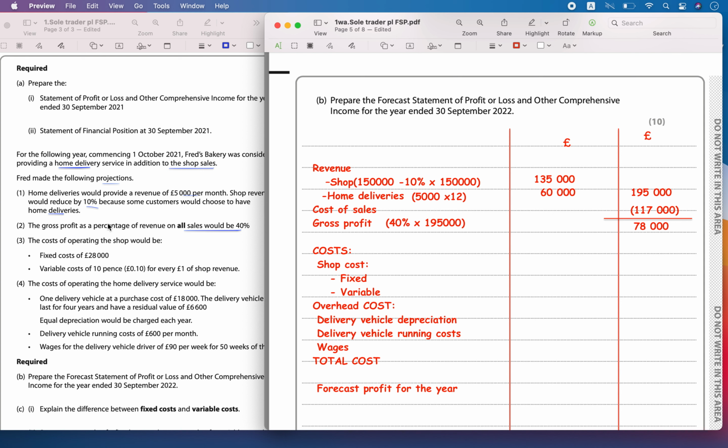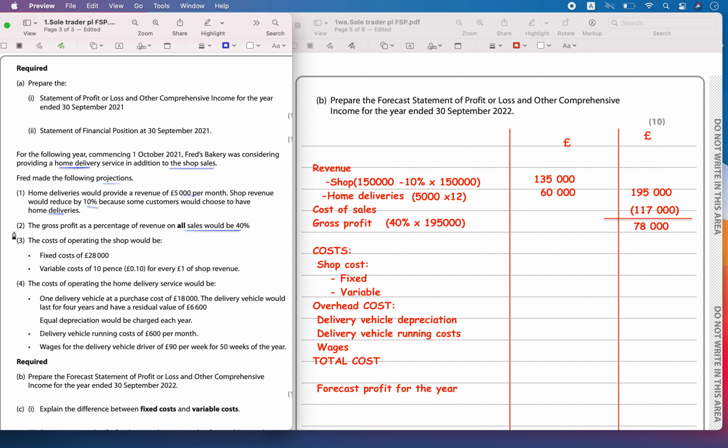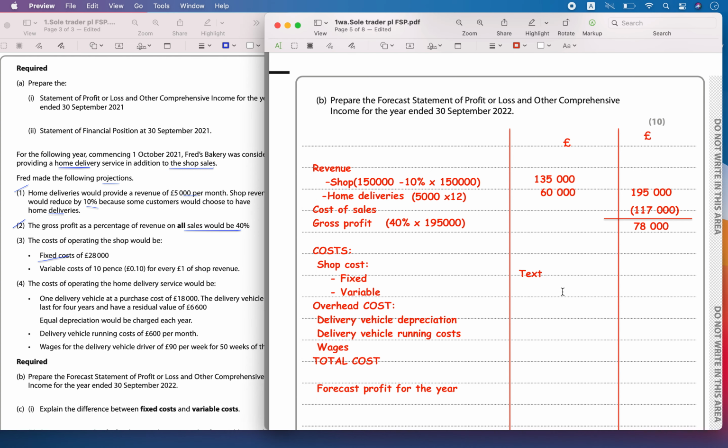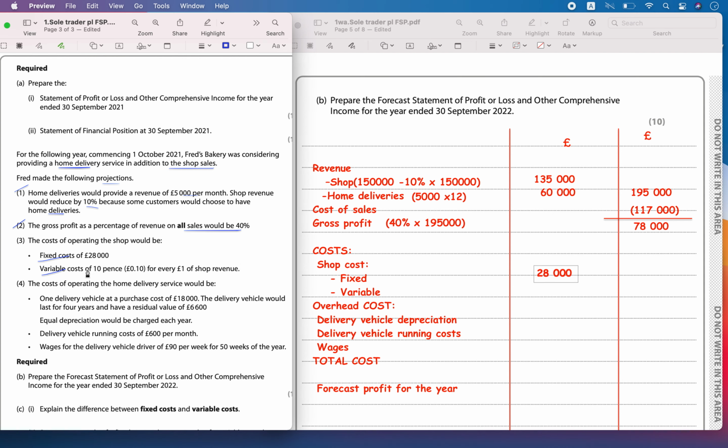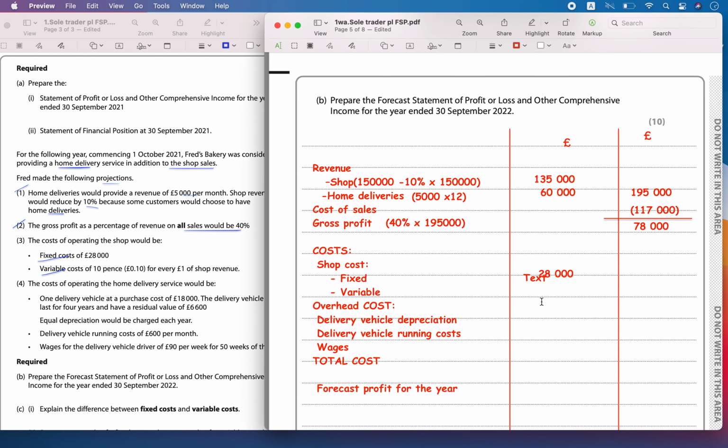And then they have given the other costs. There are other costs which are included here. We can see that there is a fixed cost of 28,000, plus the variable cost. It says 10 pence for every 1 pound of shop revenue.